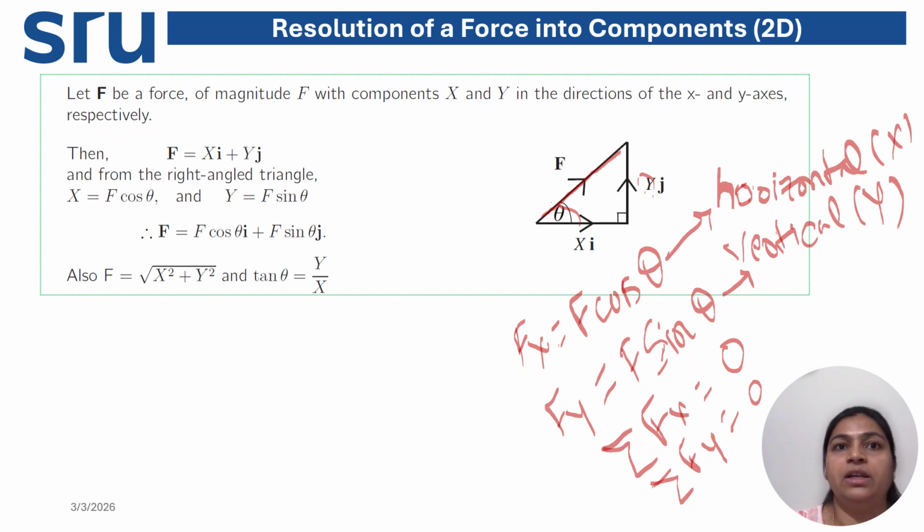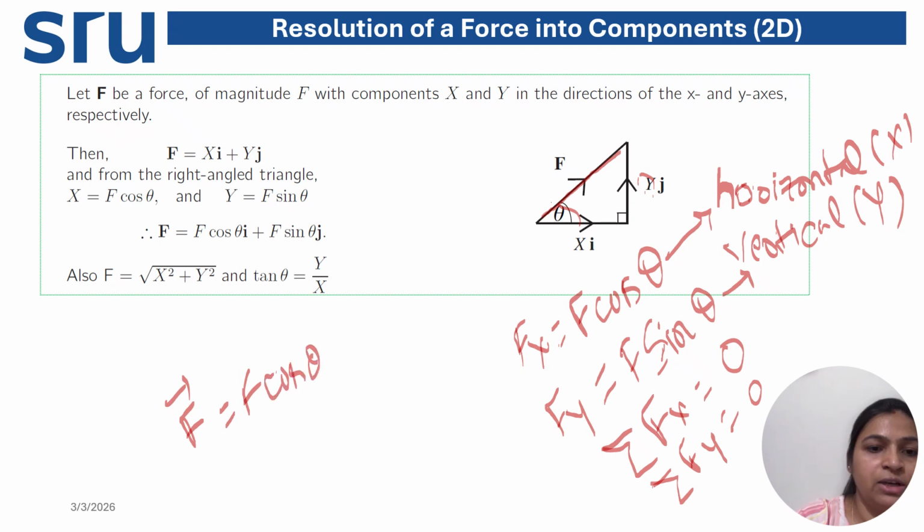From this triangle, using trigonometry, the adjacent side will be F cos theta and the other is F sin theta. So one can write F equal to F cos theta i plus F sin theta j.